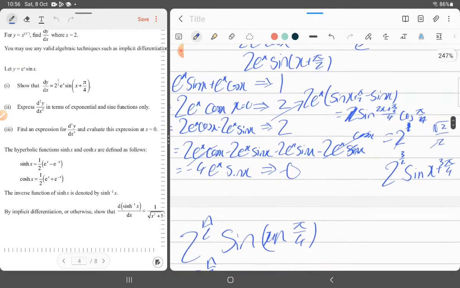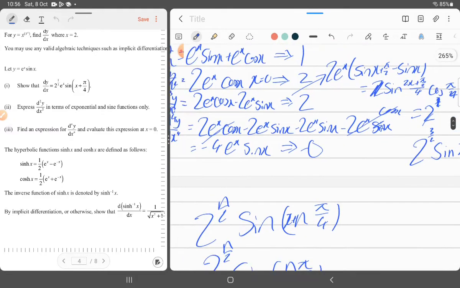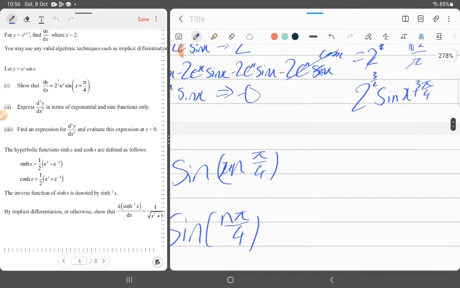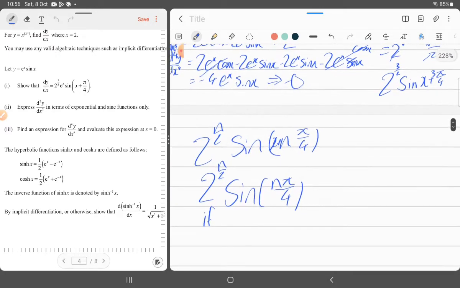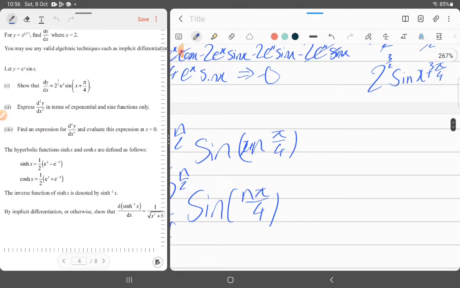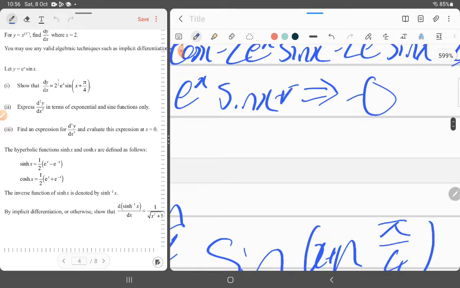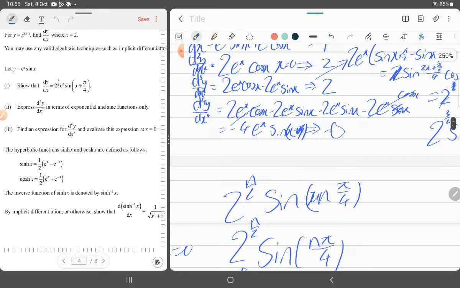Why does it? No, because 4 e to the power of sine x is just sine x plus pi in disguise, but this actually doesn't exist.